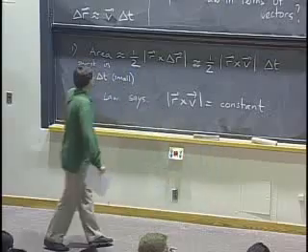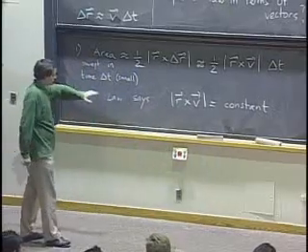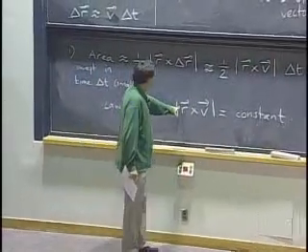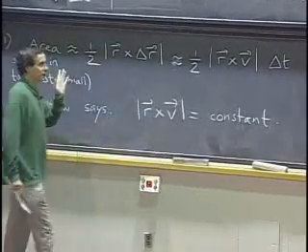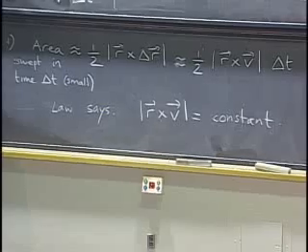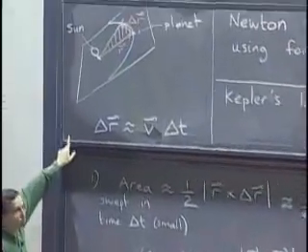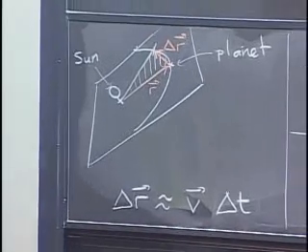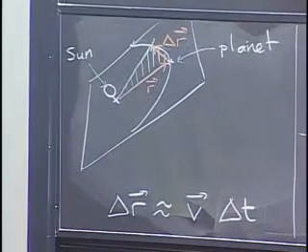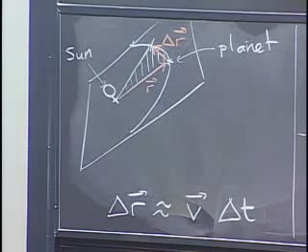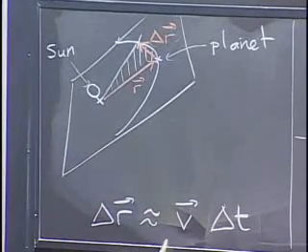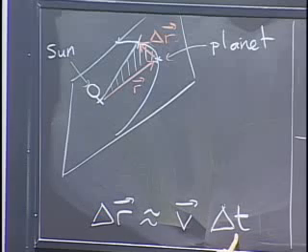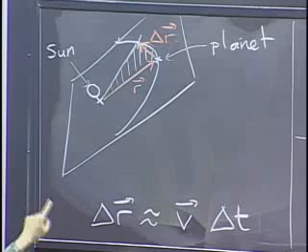Yes, let me try to explain that again. What I'm claiming is that the length of the cross product r cross v measures the rate at which area is swept by the position vector. I should say with a factor of 2. 1/2 of this length is the rate at which area is swept. How do we see that? Well, let's take a small time interval delta t. In time delta t, our planet moves by v delta t. So if it moves by v delta t, it means that this triangle up there has two sides.